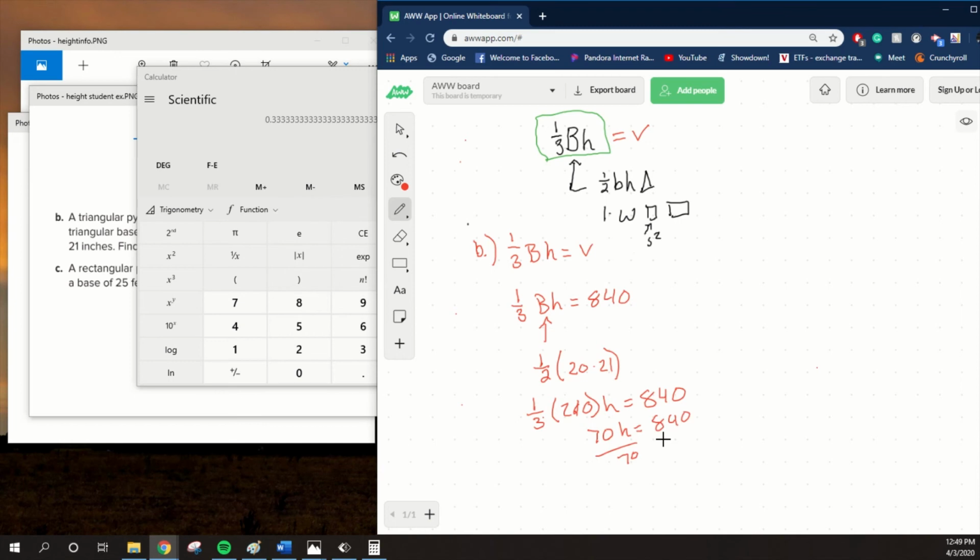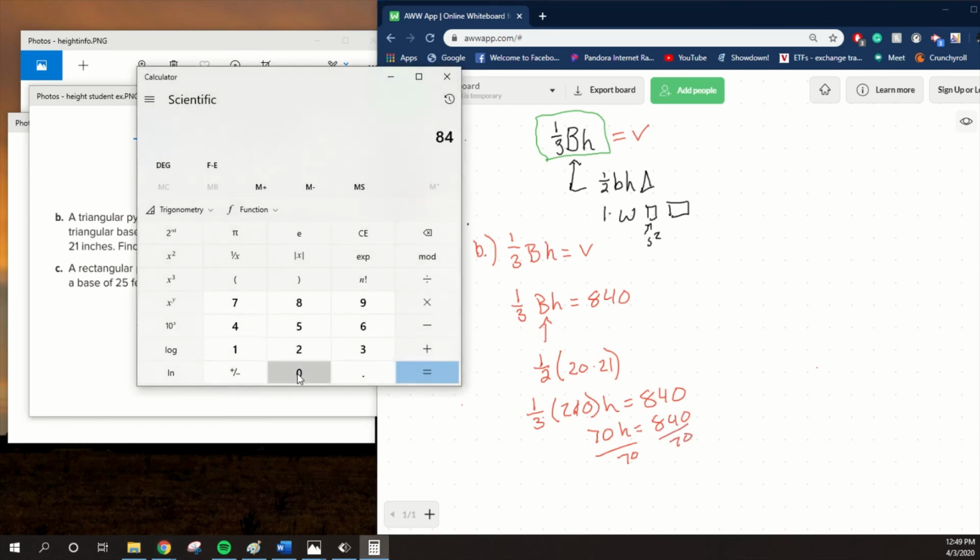Divide by 70. Divide by 70. So let's do 840 divided by 70, and we get that the height is 12. We know we're in cubic inches, so we know that the height is in inches. So that's B.